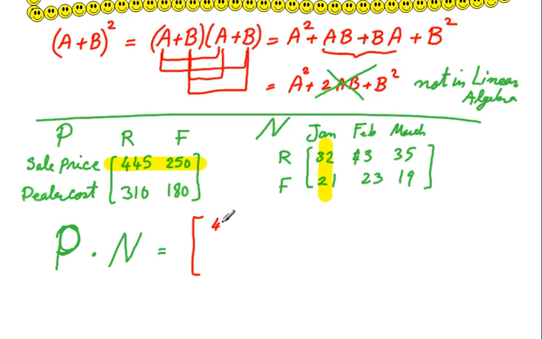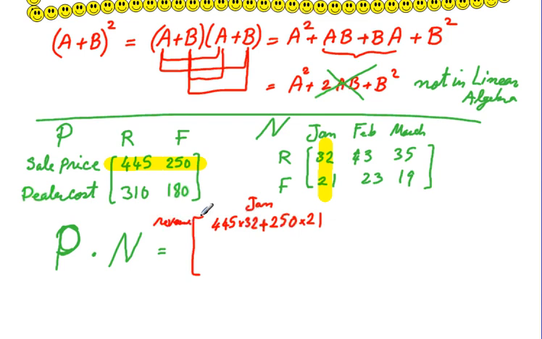So I have 445 times 32, and then this is the sale price of a freezer, and I am selling 21 of them. This is all the situation in the month of January, and what is this? This is going to be my, what you call, revenue.